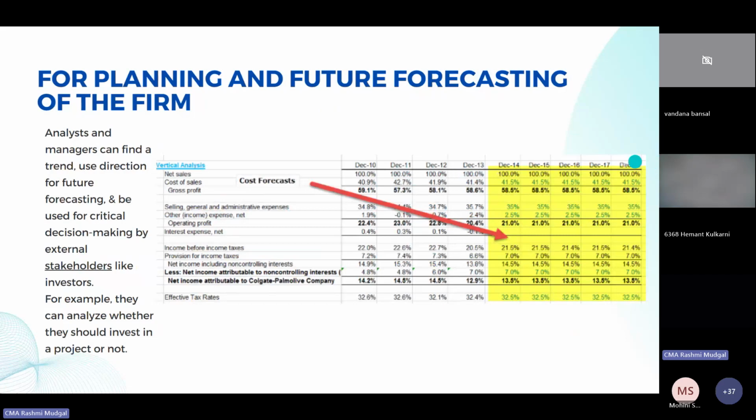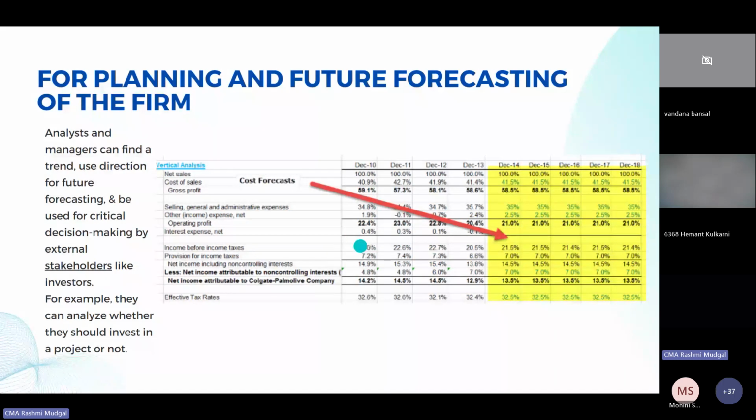My profitability is increasing. Okay, but selling, general and administration expenses are also increasing. I can see this. Income before income tax is going down. So we can see here the cost as well as the tax also.